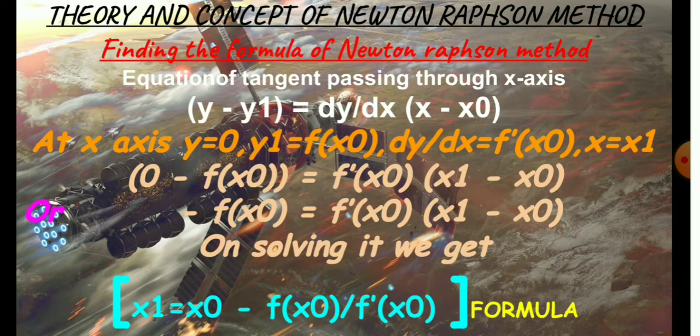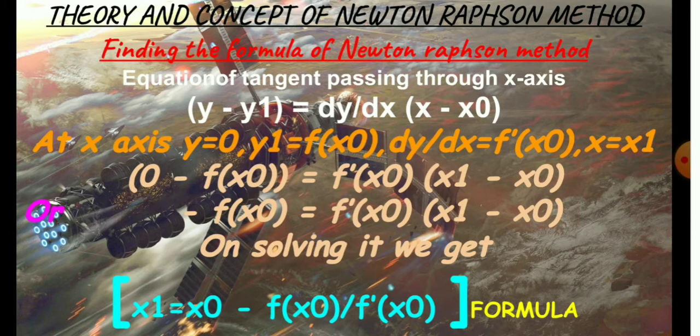Here is the theory and concept of Newton-Raphson method: finding the formula. Equation of tangent. We know that if a point and the slope of a line are given, then we may find the equation of the straight line. In the previous graph we have seen that the tangent is also a straight line.